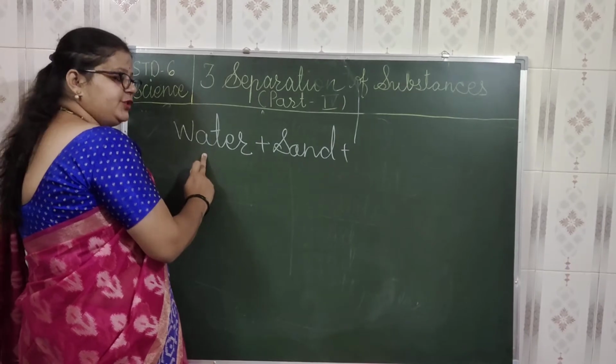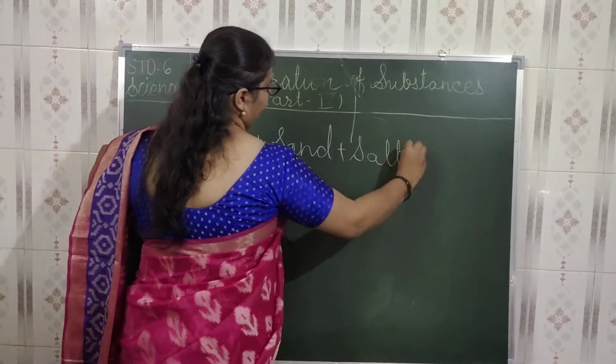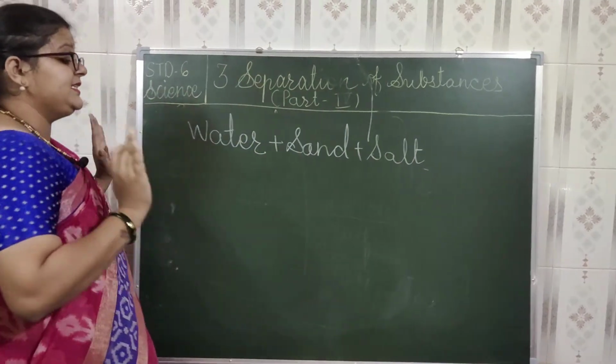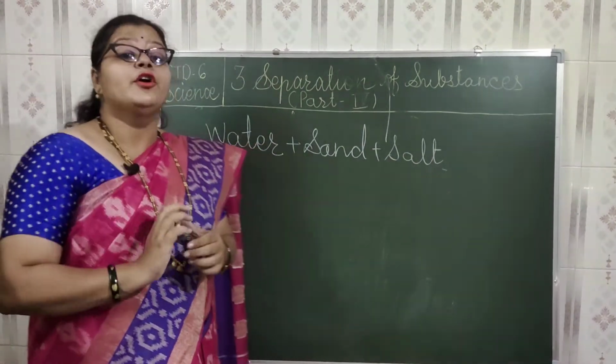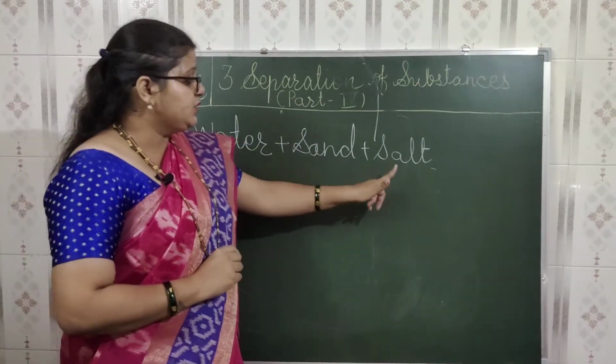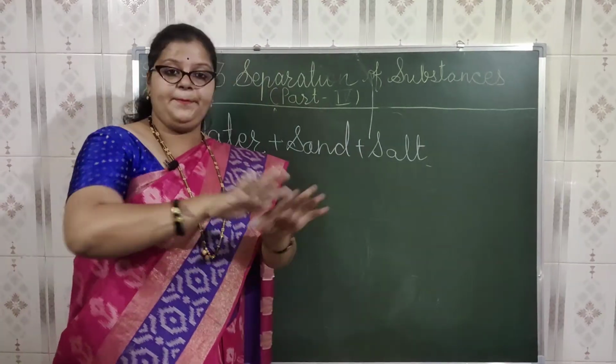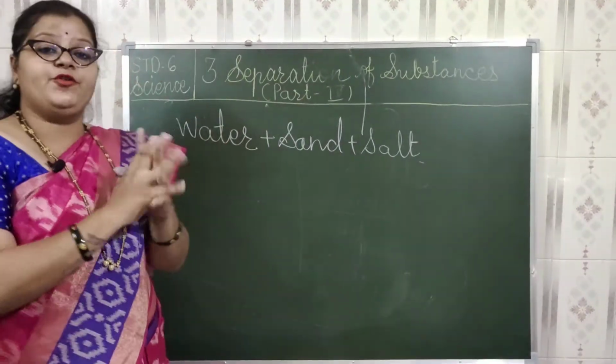Now you have the mixture of water, sand and salt. All these three substances are mixed together. Now your job is to separate out the sand and salt from the water.